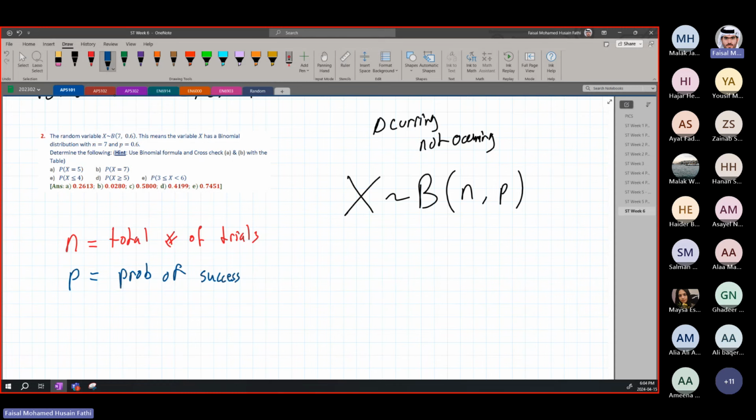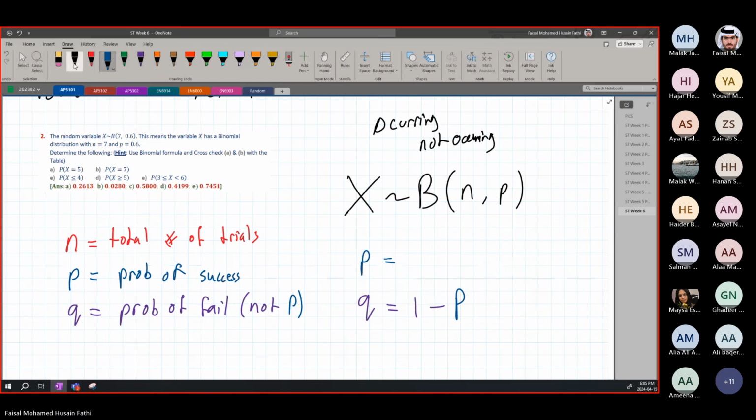And what else? Yes, we also have Q. Q is simply just the probability of failing. Or in other words, it is not P. This is how I usually write it, not P. So what does this mean? It means that Q is equal to 1 minus P, and P is equal to 1 minus Q. Because they're the opposite of each other.